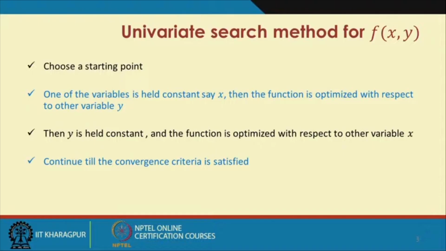Either I will make y constant and change x, in that way I will move and do repeated iterations there. After that we will see that the method will converge, because somewhere we will get the local optimum value, and there we will stop. That is the basic idea.